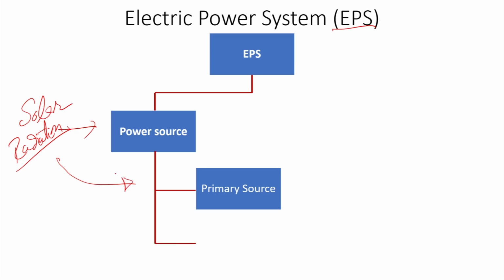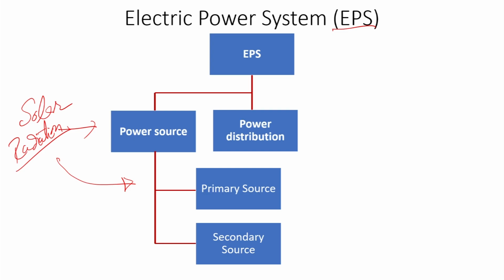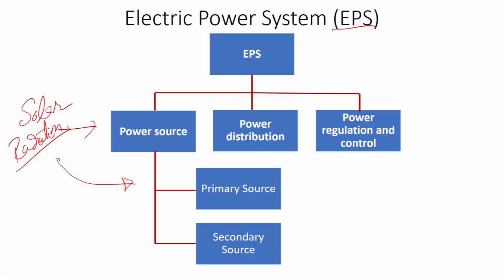Solar radiation is the primary source. Then we have the secondary source. Secondary source means the batteries, which are charged by the output of the solar power. Then there is the power distribution, as we just discussed in the previous slide, and then there will be the power regulation and control.